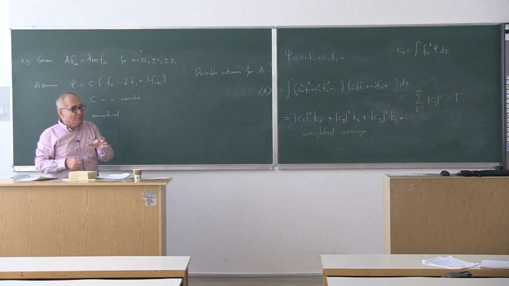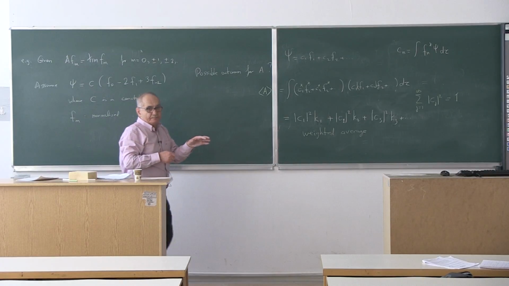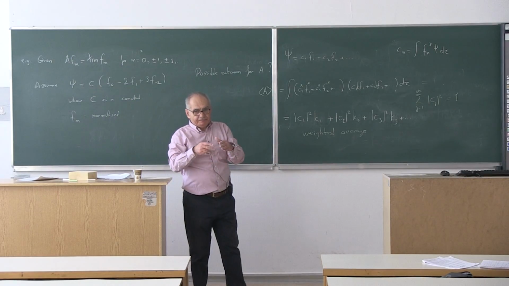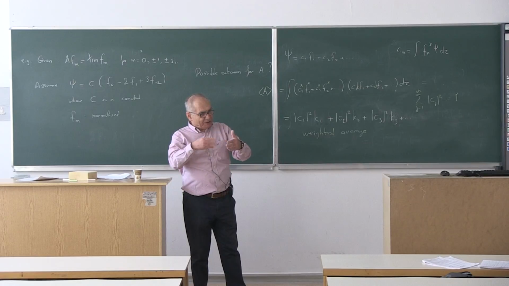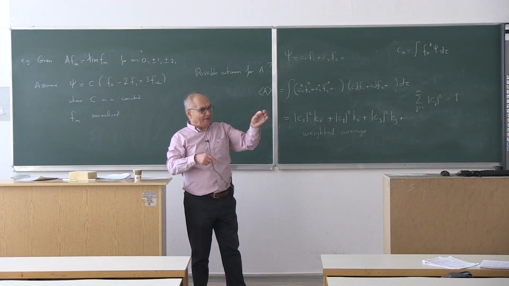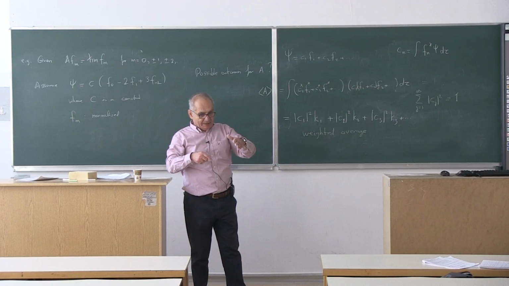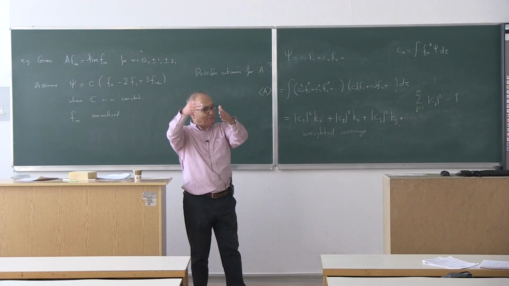Now, what was the general principle? In a measurement of property A, only one of the eigenvalues of A can be obtained.